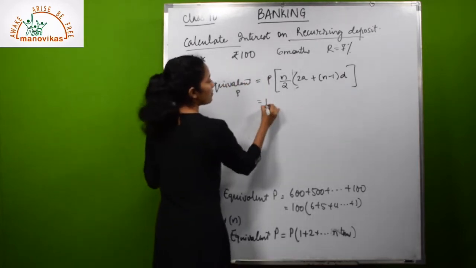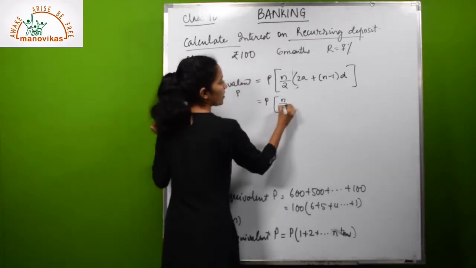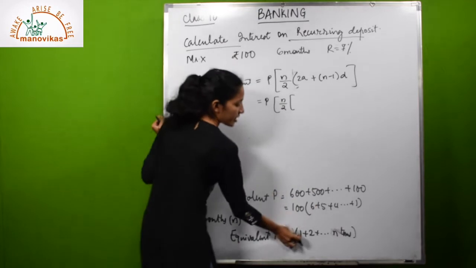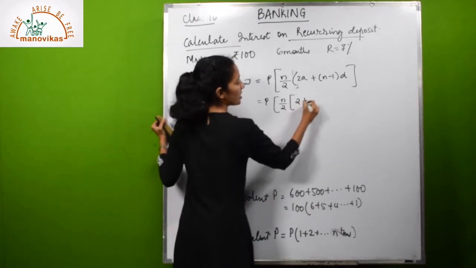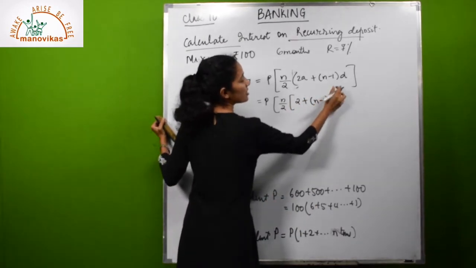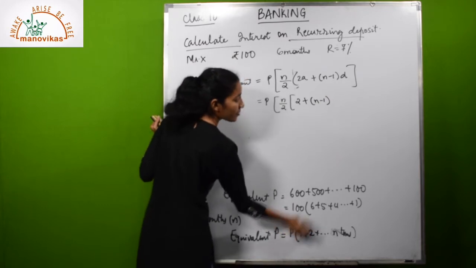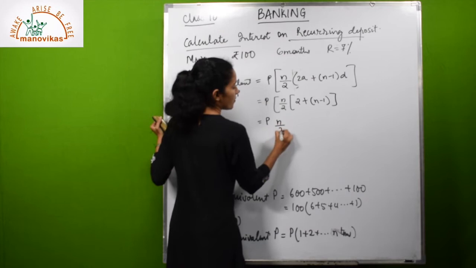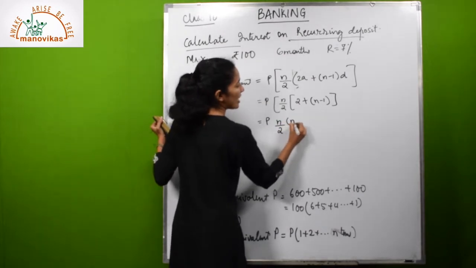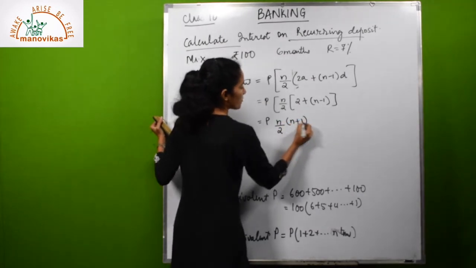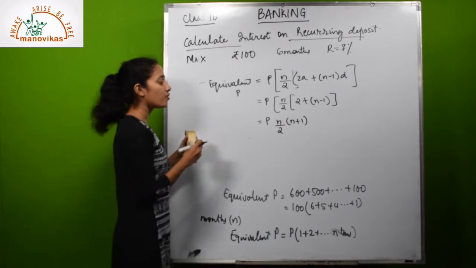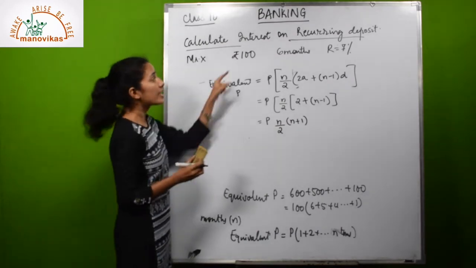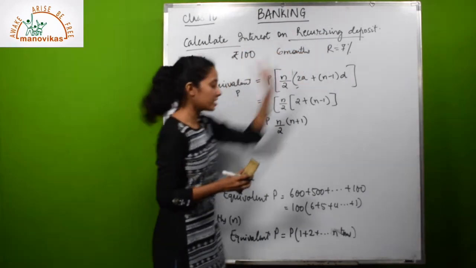So that will be P into n divided by 2. Here a is 1, so 2 plus n minus 1 times d, where d is also 1, the second term minus the first term. This is P into n divided by 2, and this will be n plus 1. Therefore this is the principal for 1 month when you are calculating interest on the recurring deposit.